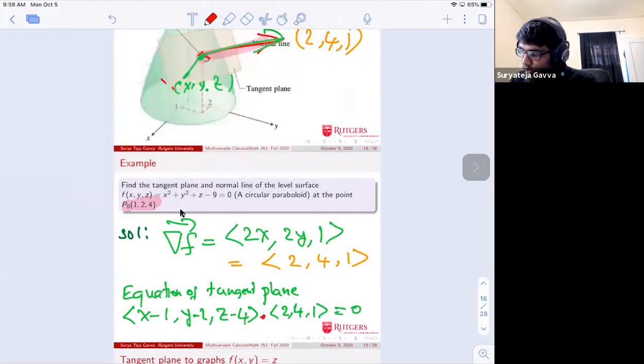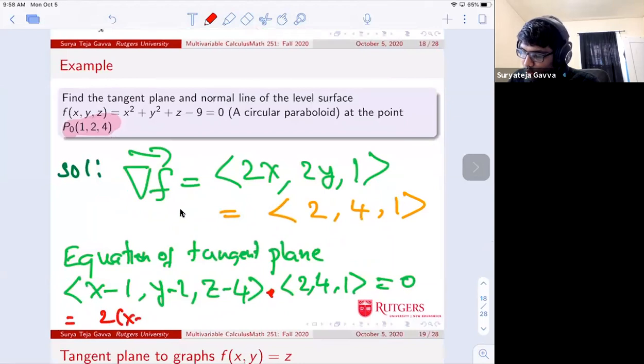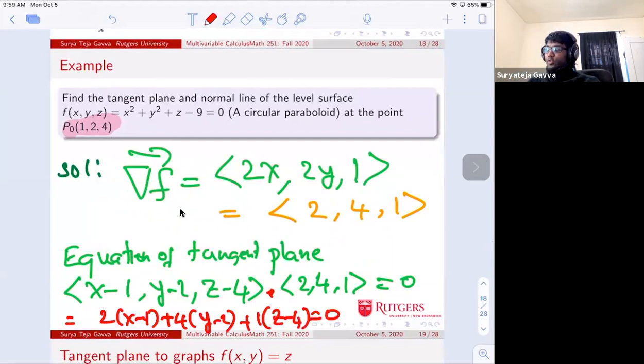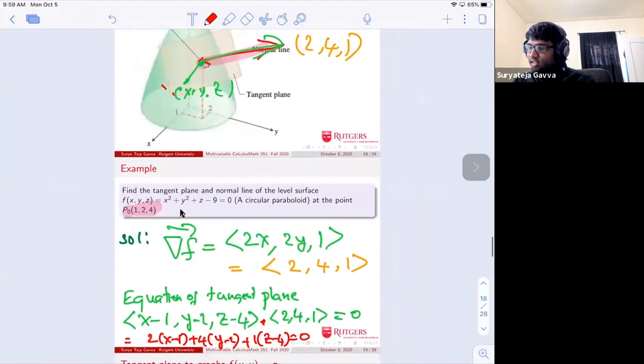If I compute that, you get 2 times (x minus 1) plus 4 times (y minus 2) plus 1 times (z minus 4) equals 0. Okay, so that would be the equation of the tangent plane to the surface at the given point.